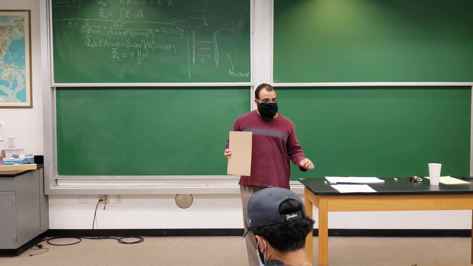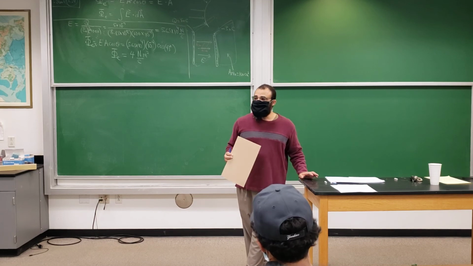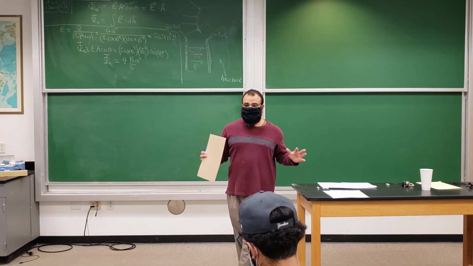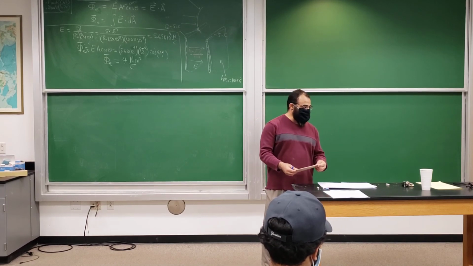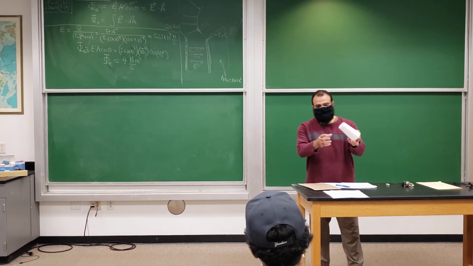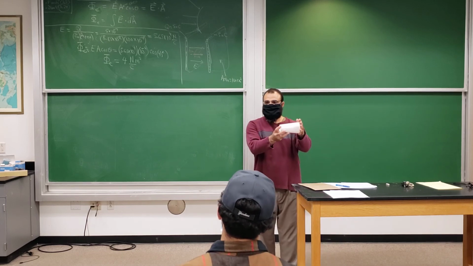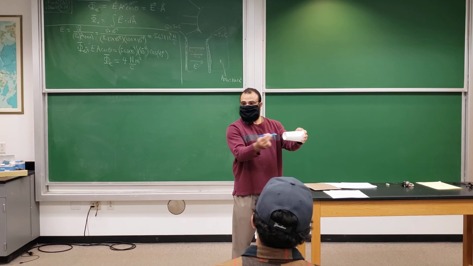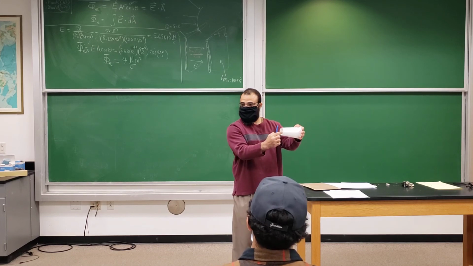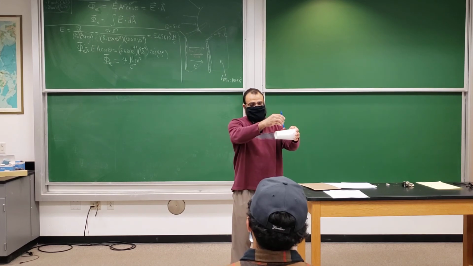For a closed surface, on the other hand, the direction of the normal always points out of the surface. So here is a surface. This is a cup, and let's say it's closed. The direction of the normal, if you're here, it has to be out. If you're here, it's this way.